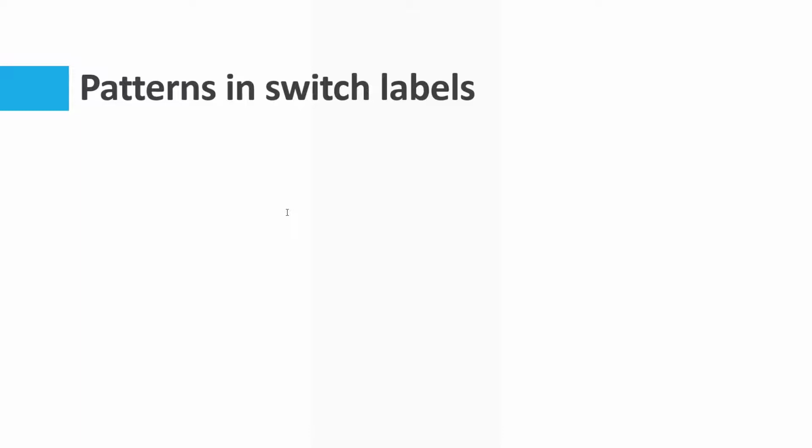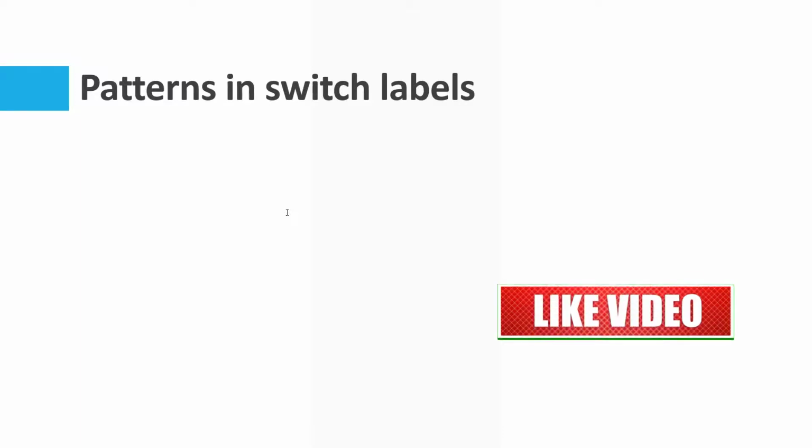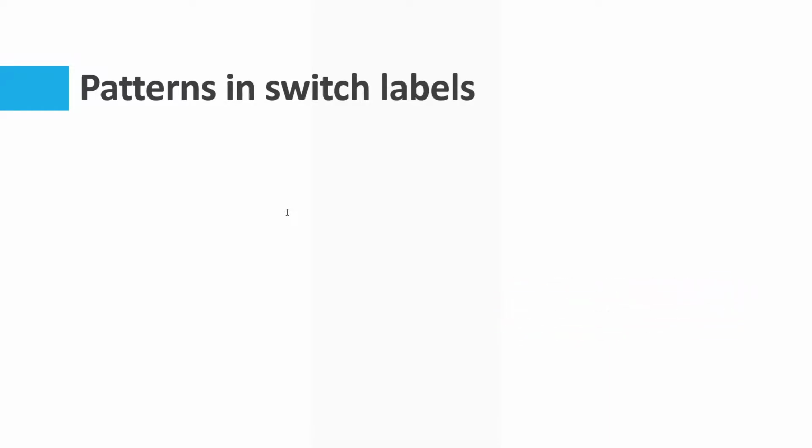Patterns in switch labels. The heart of the proposal is to introduce a new case P switch label, where P is a pattern. However, the essence of a switch is unchanged. The value of the selector expression is compared to the switch labels. One of the labels is selected, and the code associated with that label is executed.